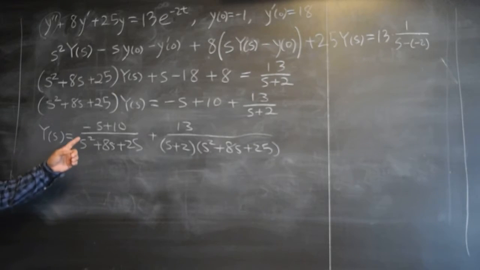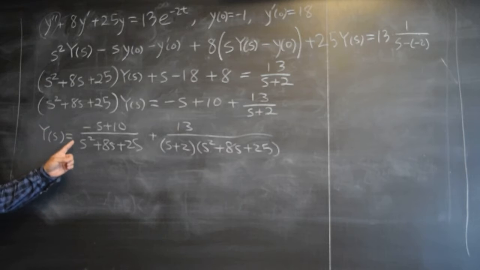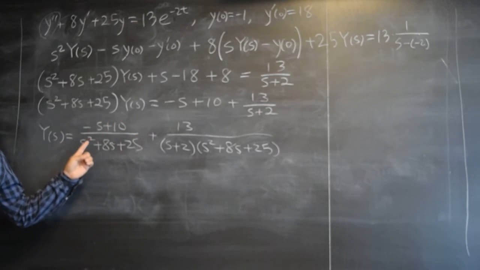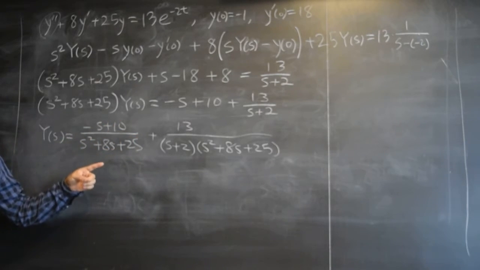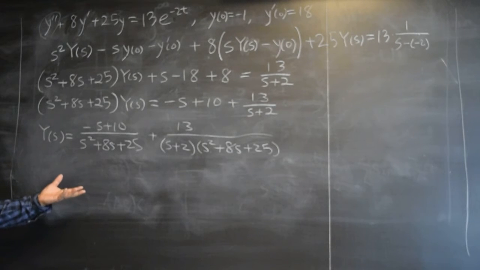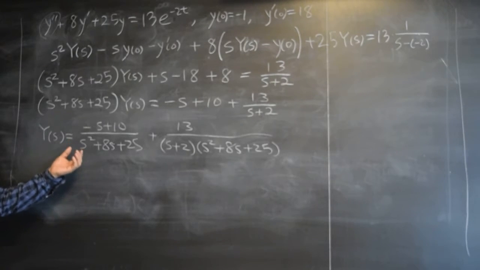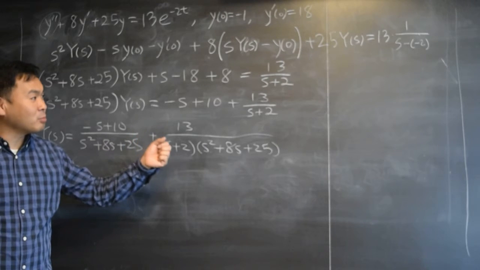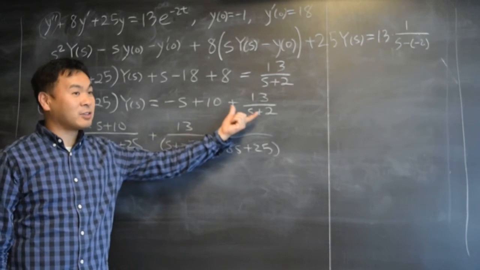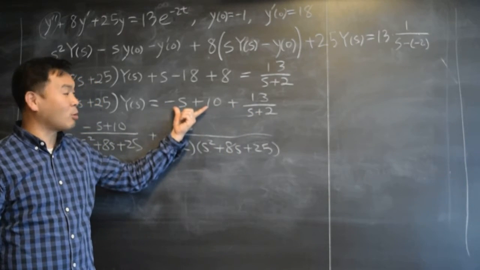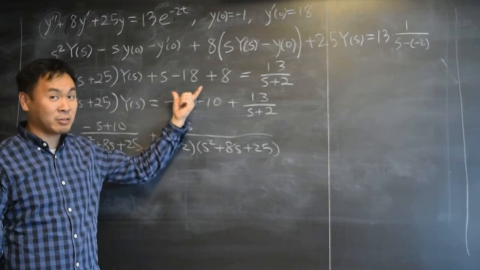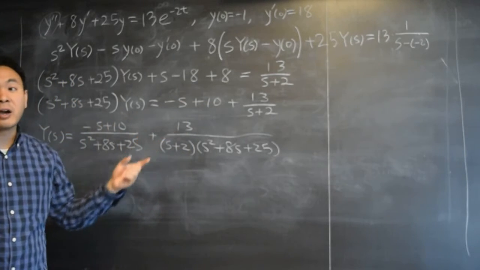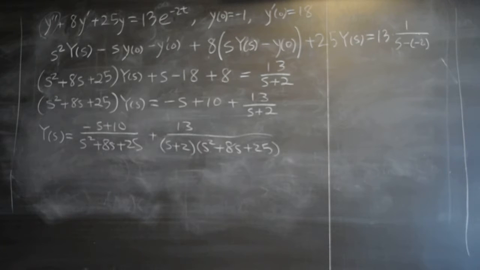Now, it's possible to make this into a single fraction, but it's not necessary, so we're not going to do it that way, right? Again, I repeat, some books ask you to put this together as a single fraction, by multiplying s plus 2 top and bottom, and then combine. Actually, that's not necessary. You'll find that out later. Okay.